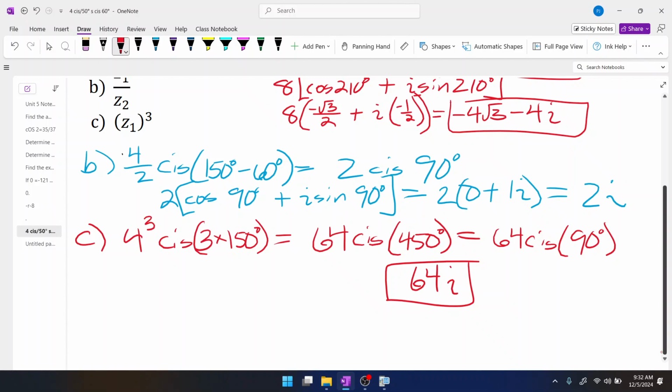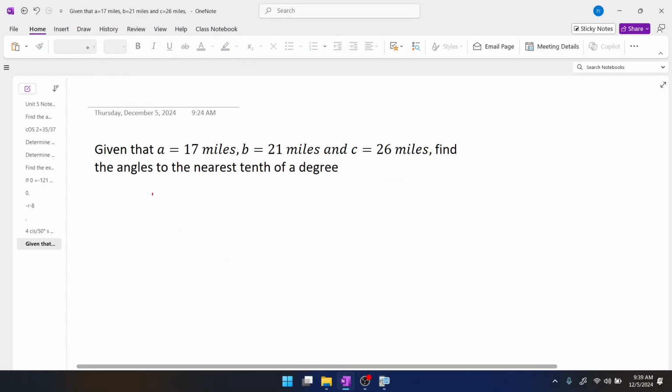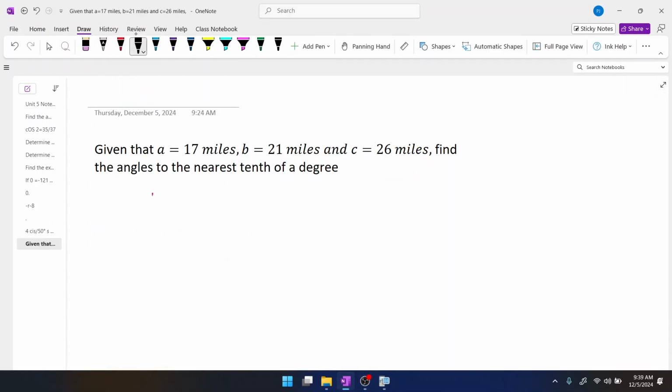All right, so I will throw in a lot of cosines on you here. What was the good example that I had? Basically we can use the law of cosines in order to start finding our angles here.